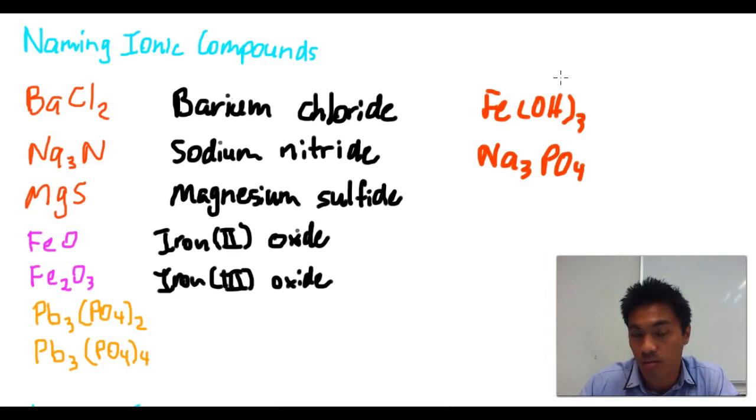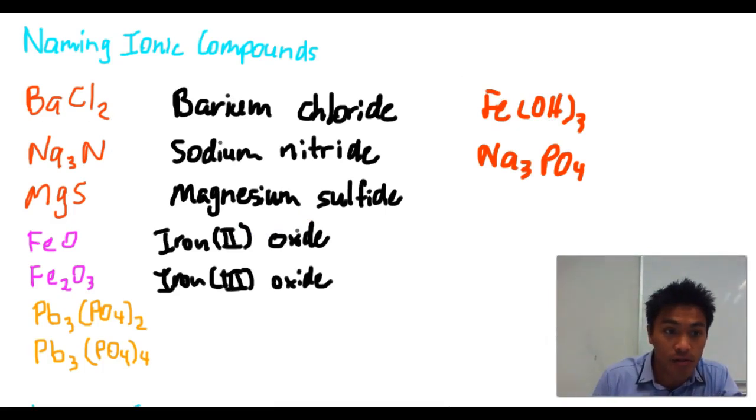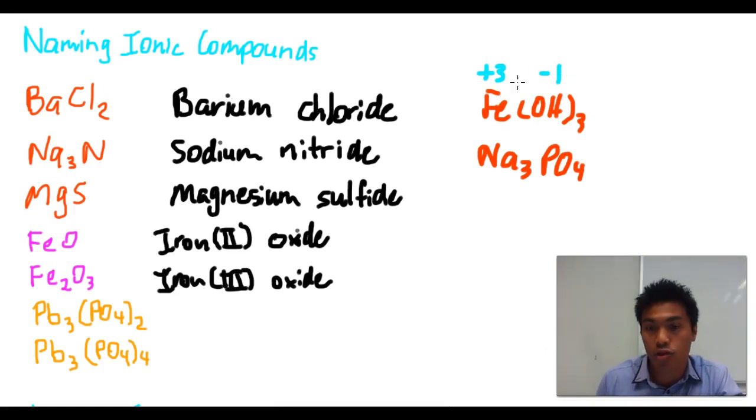Well, that's because of the charges. Here, iron is +3, so we know this is +3. And we know hydroxide is always going to be -1. So in order to make that a neutral compound, we need 3 of these. So that's why we need to multiply the entire compound. And that's where the brackets come in. And we're going to be talking about that a little bit later.